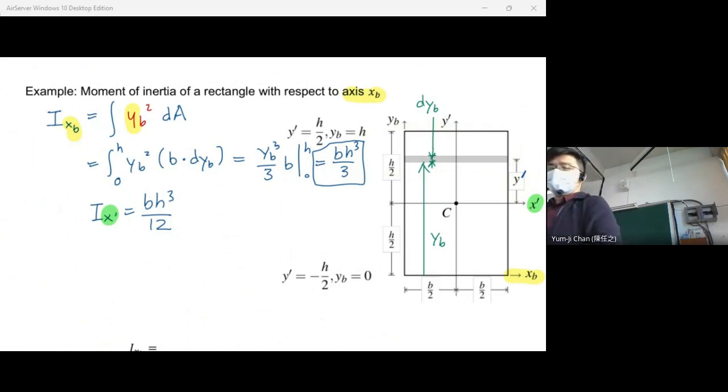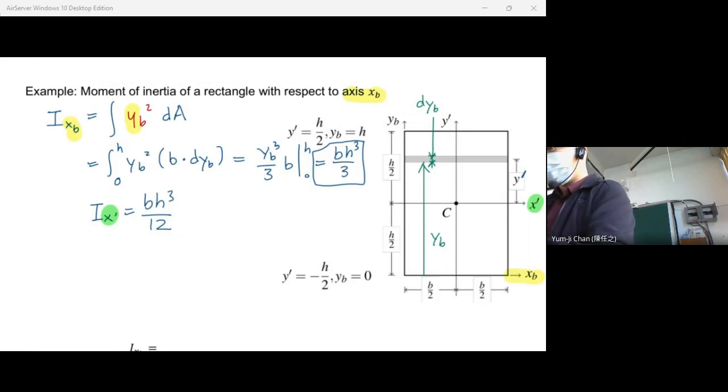So let's take a look whether this one, bh cubed over 3, and this, bh cubed over 12, are related. So we look at this one. Oh, sorry. We look at this equation.